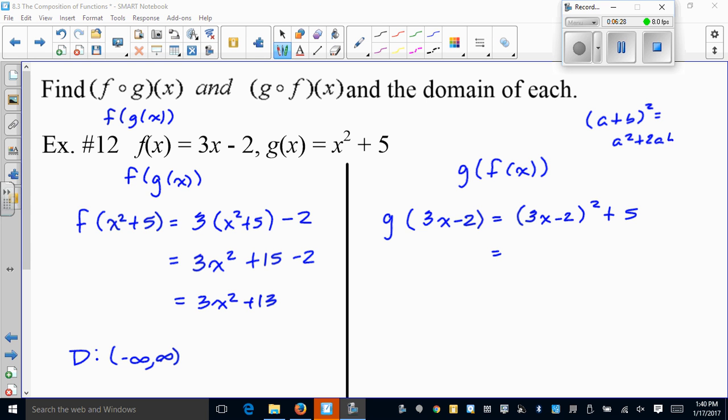So this one squared would give me 9x squared. 3 times 2, 6 times 2 is 12, minus 12x, and then 2 squared, plus 4, plus 5. Don't forget that, plus 5. So g of f of x gives me 9x squared minus 12x plus 9.